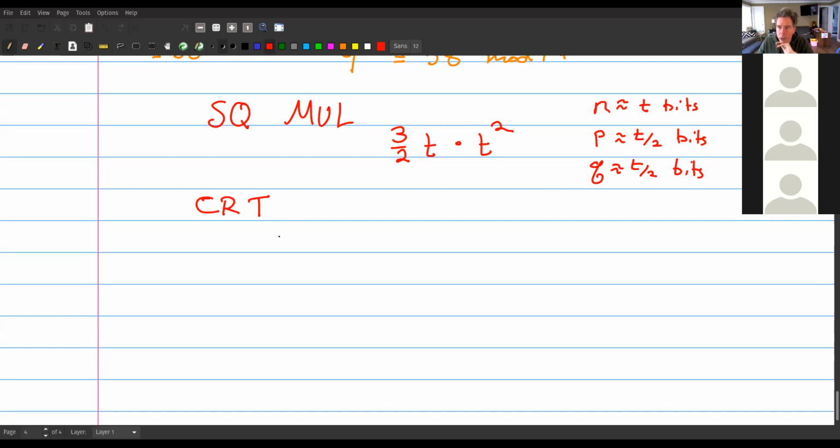So when we went down mod p, we had to do the square and multiply algorithm mod p. That was 3 squared, but now it was t over 2, right? And we had to do the same thing for q, so this is the number of ops mod p, and then we had to do 3 squared t over 2 ops mod q.